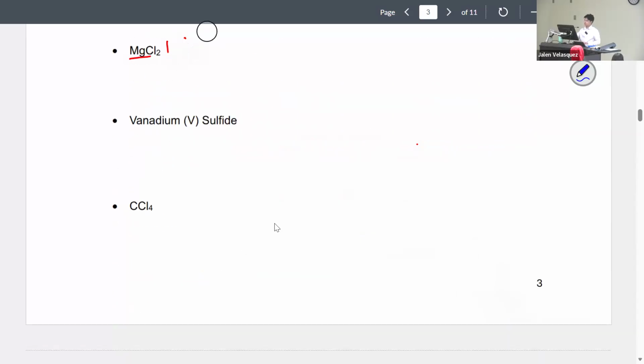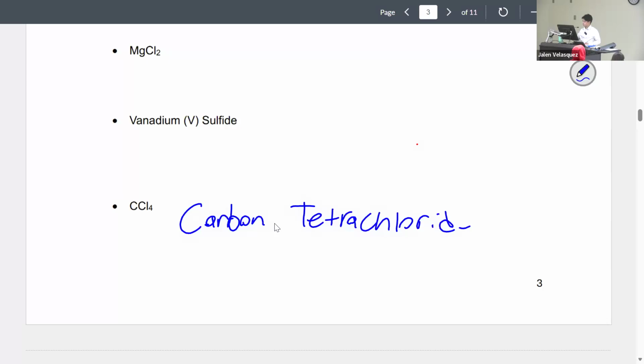CCl4. Good. So this is going to be carbon tetrachloride. What's the deal with this tetra here? There are 4 chlorides, but where does that rule come from?